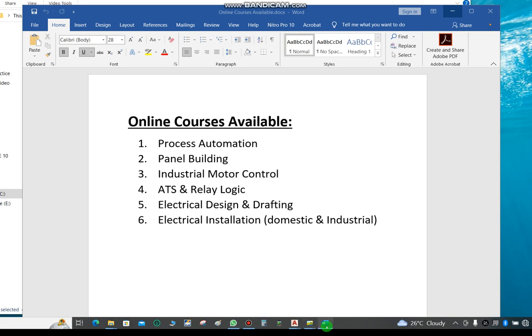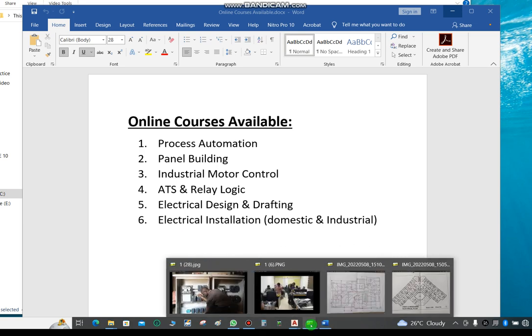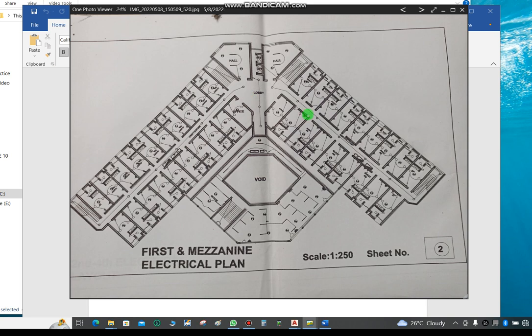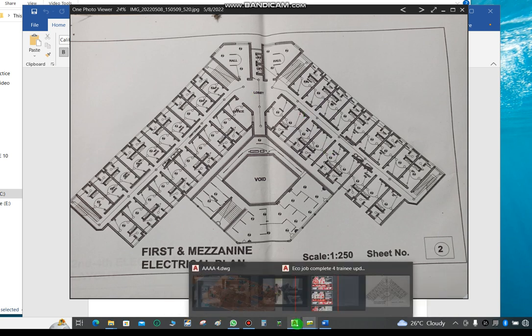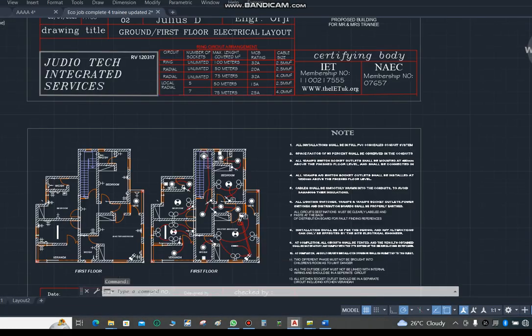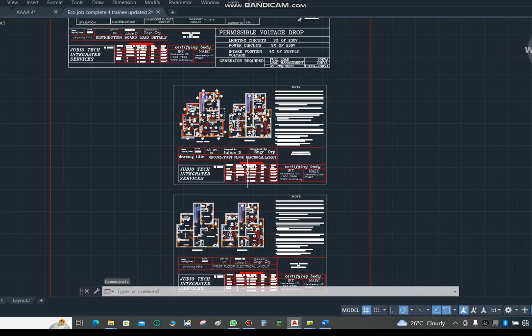So we are going to expose you to reading of drawings, reading of layout drawings, floor plan drawings, a lot of them, such as this. This is a floor plan drawing. We are going to understand how to read engineering drawings, such as installation of building drawings, different types of building drawings.